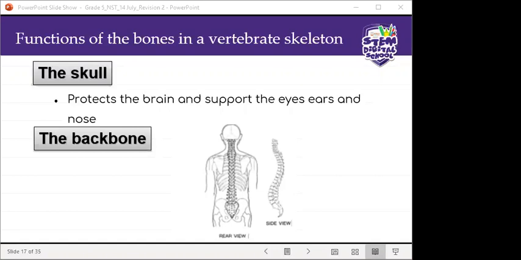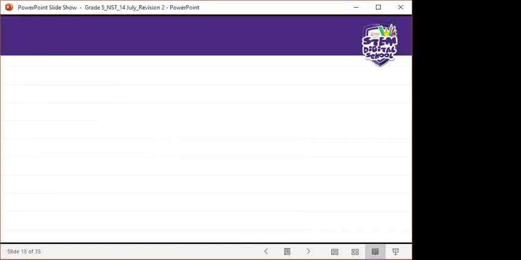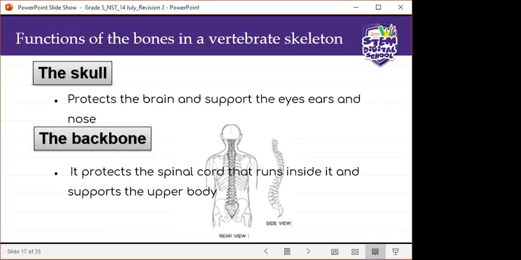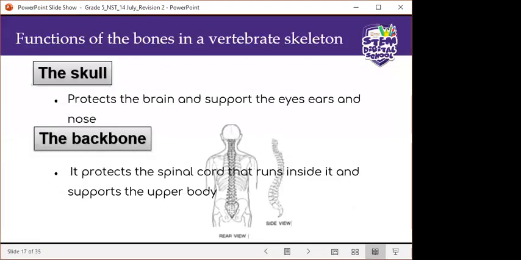Beautiful, thank you very much. It also protects the spinal cord that runs inside it. As you can see here, this is a picture illustrating the backbone, the side view.